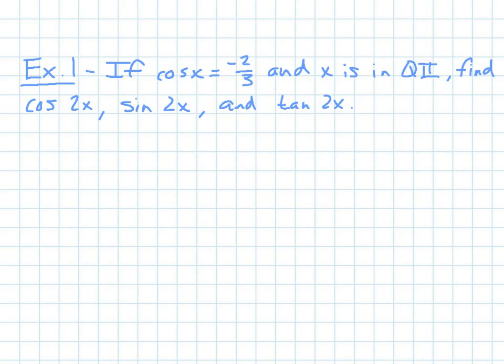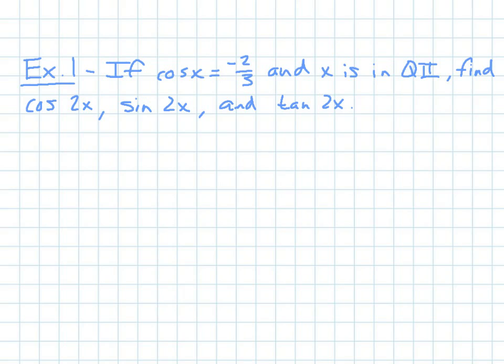Okay, so like the last section for the last example where we're using the identities, here you're given a ratio of an angle, and you want to find the tangent, cosine, and sine of the double angle, just to see and understand how you can use them.